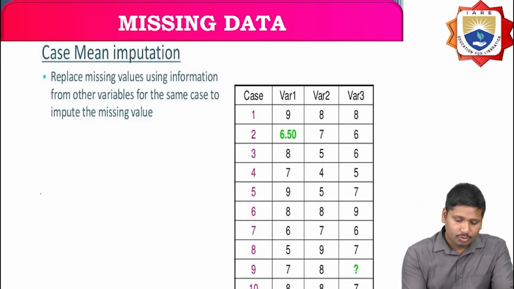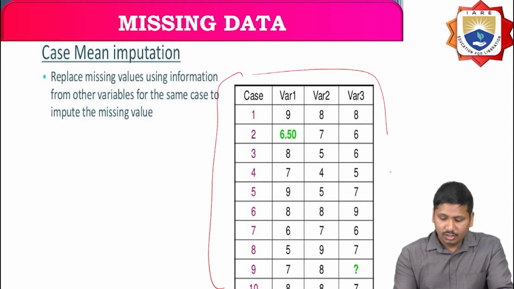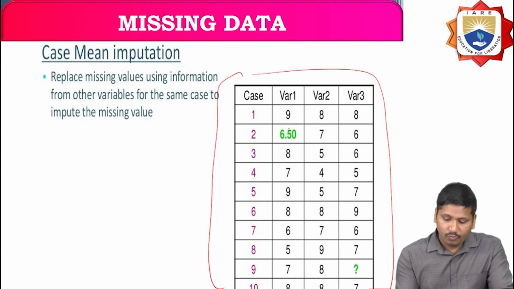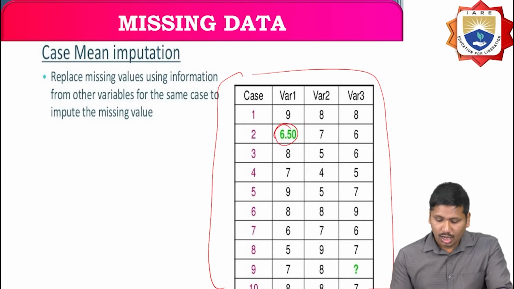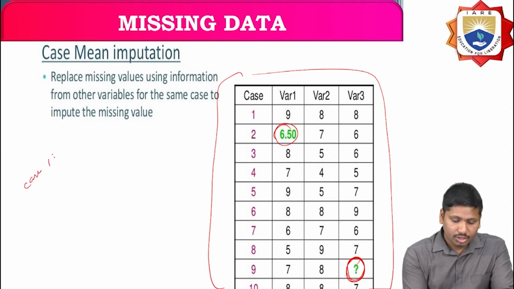So for case mean, let us take an example on the right side. This is the table we have here. In this table, in variable 1 I'm getting the missing value here, and in variable 3 I'm getting the missing value here. How is the case mean to be done? Suppose case 1: if the mean value of variable 1 equals 9, I have to fill the missing value with 6.50.